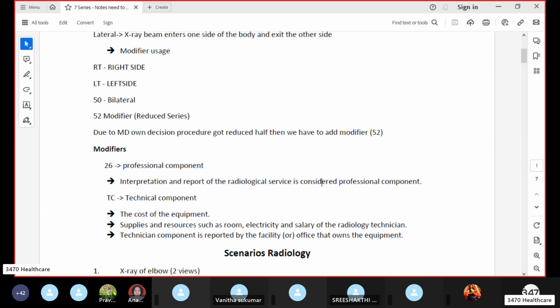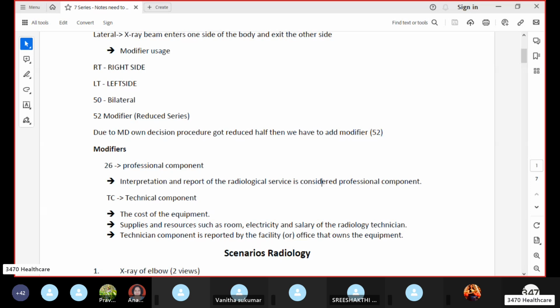In that time, what will you do? Any idea before? One provider is doing both services, technical and professional. Please remember, don't use any modifier. If you are not giving any modifier, you will get the full amount of the technical service and professional service. If you add only 26, you are telling that the doctor did only the professional service.